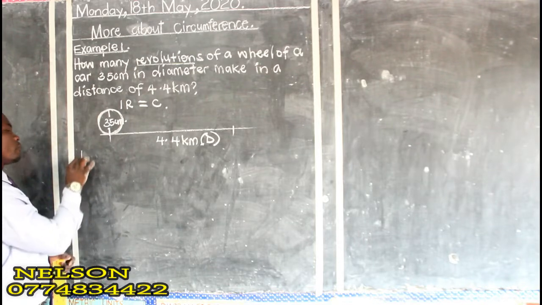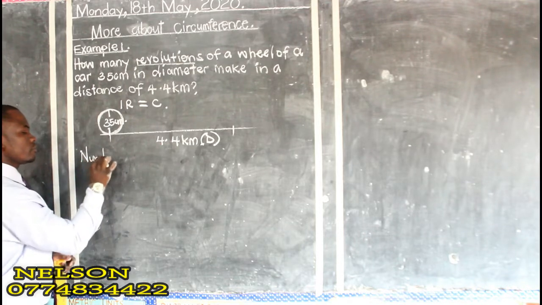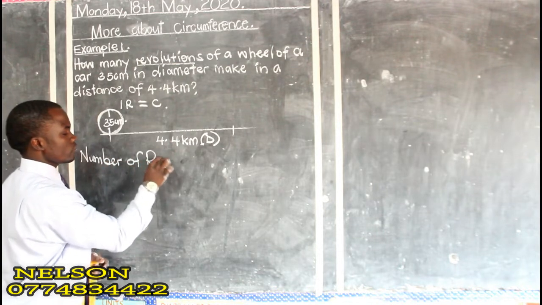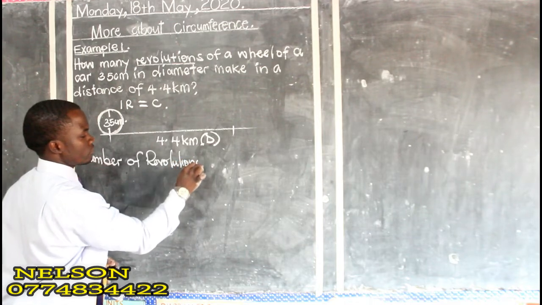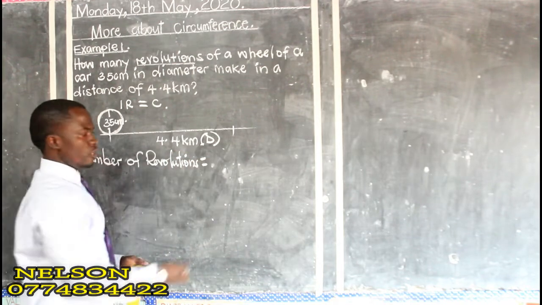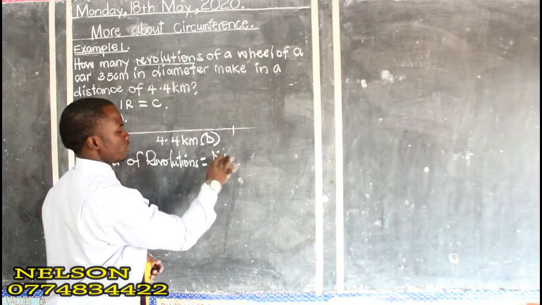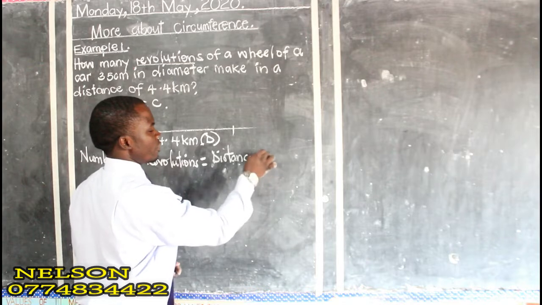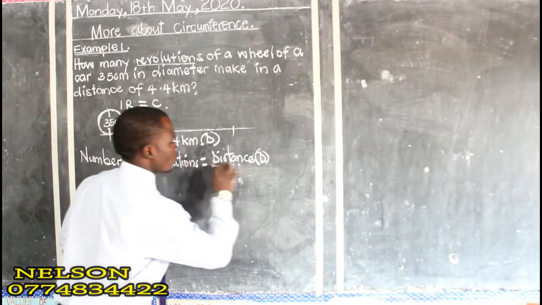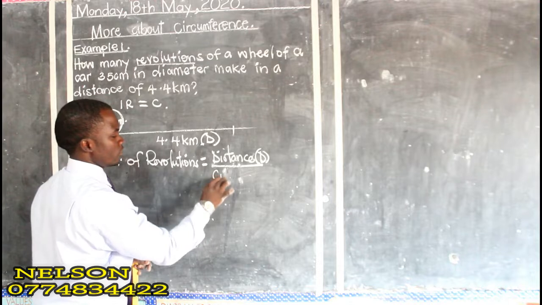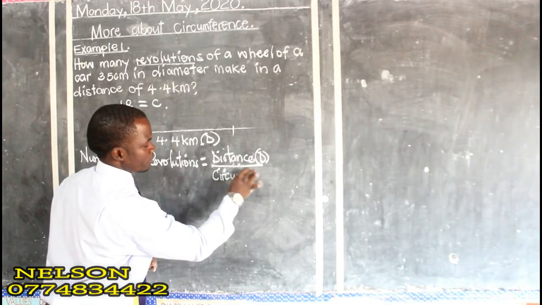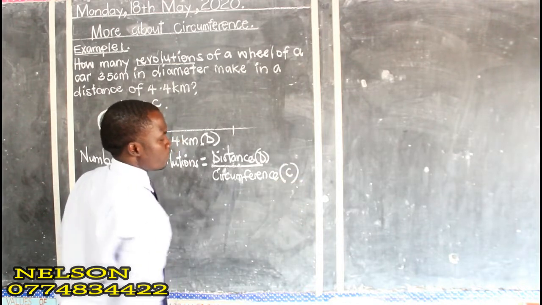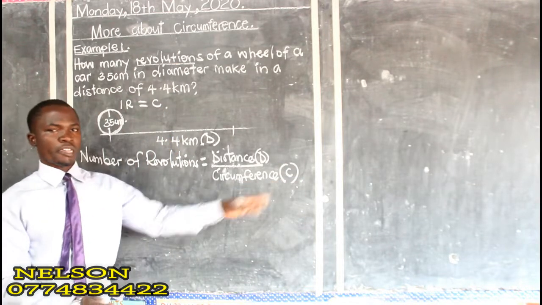So we shall say number of revolutions equals distance, which we shall abbreviate as D, out of circumference, which you shall put C in brackets.